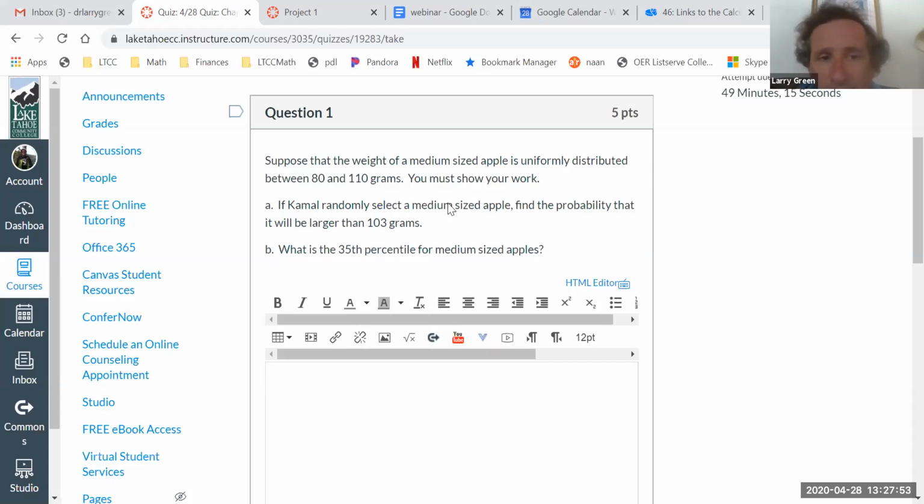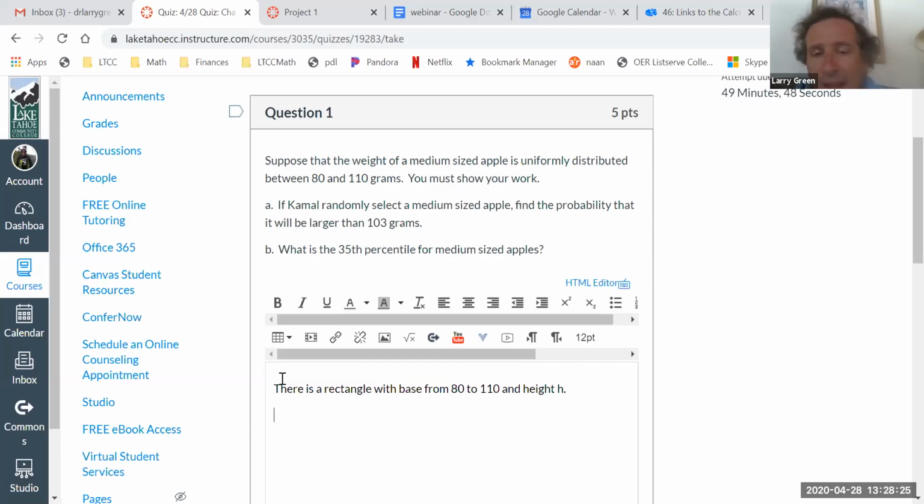Okay, part A. Even before we get to part A, we need to find the height of the rectangle. Because it's not easy to draw a rectangle, I'm just going to say there's a rectangle with base from 80 to 110 and height h.